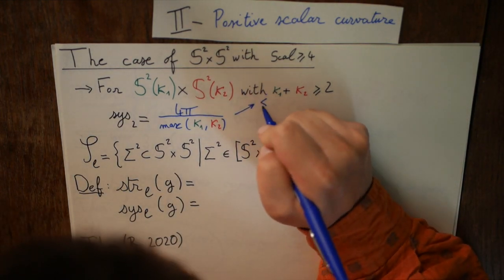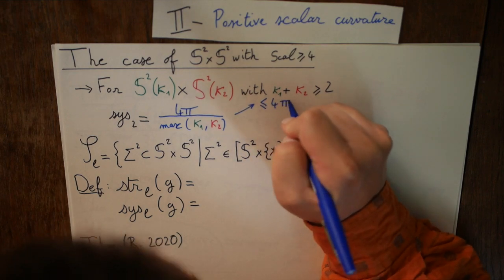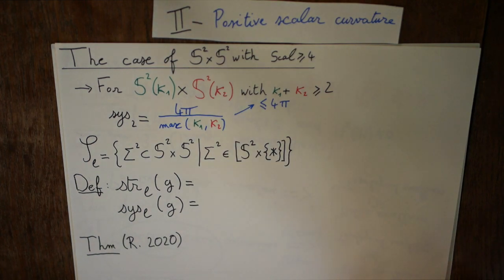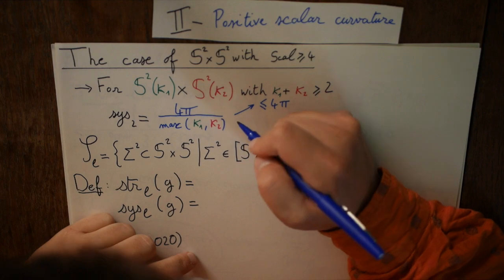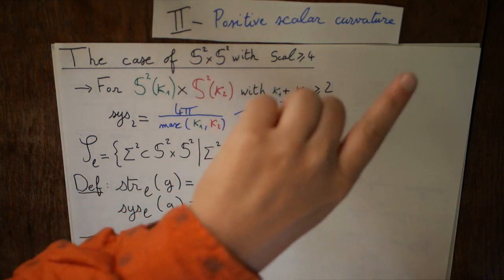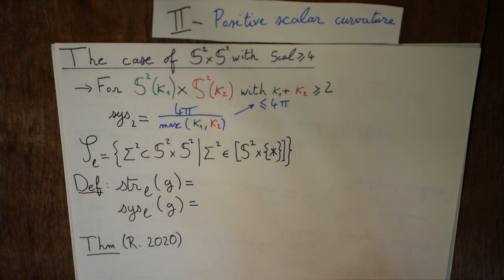So we can say two things. First, this is less than 4 pi, which is a good thing, and also there is some kind of relation. So thanks to our inequalities on the curvature, if you want to make the systole big, you should make one of the factors big.